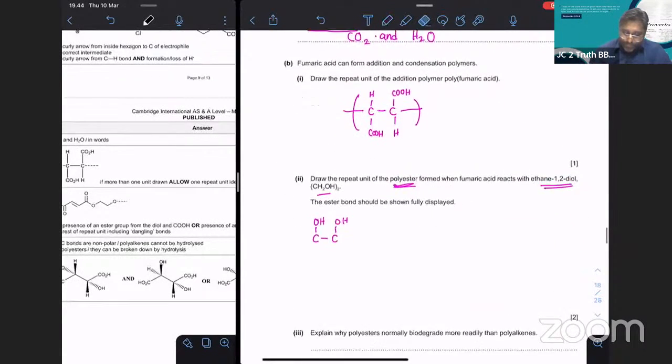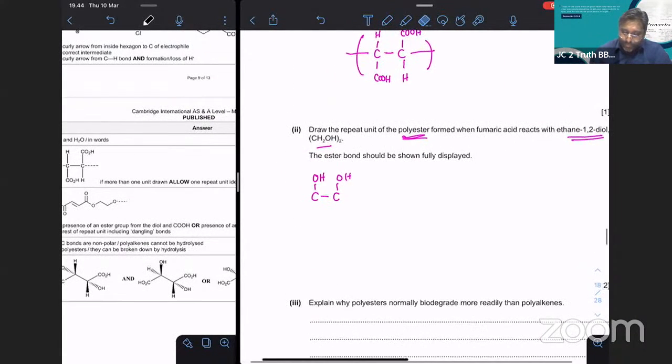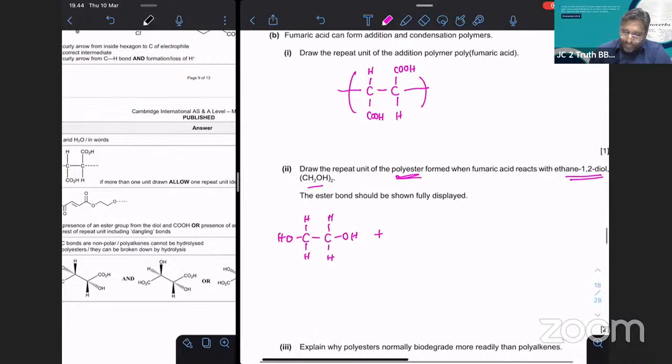Now here, if I put over here CH2 and CH2OH, this should be okay. Just to make our life easier, I'll bring the OH over here, left and right, OH, hydrogen, and then I'm going to react with fumaric acid.